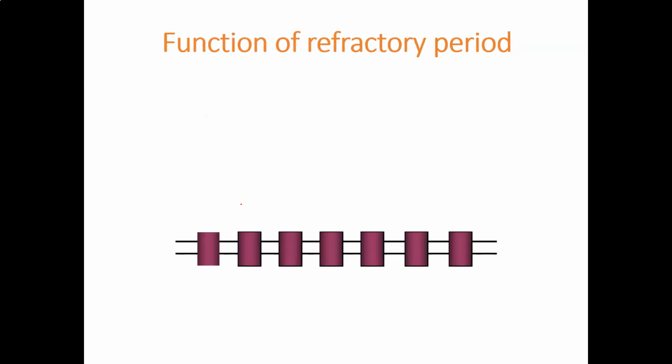So to illustrate the function of the refractory period, here is our lipid bilayer in the axon, and we have inserted voltage-gated sodium channels. We're only going to look at voltage-gated sodium channels because it's easier to do that. Above these, you'll see what is happening to the action potential as it moves down the length of the axon.